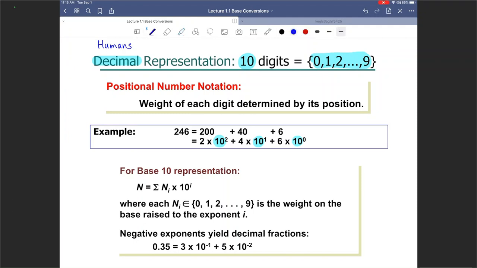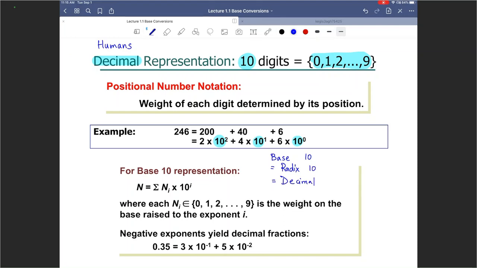And we have increasing powers of 10 going that way, right? So why is it 10? Because the base of this number system is 10. Or you can also call this the radix of this number system, which is called the decimal number system.